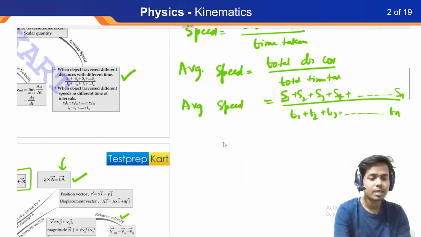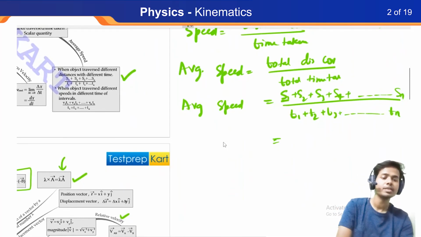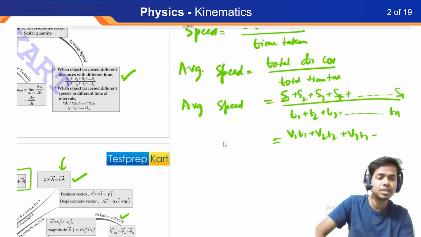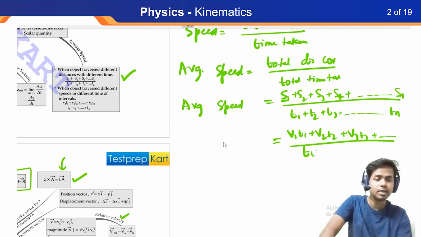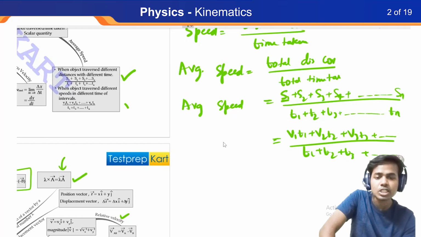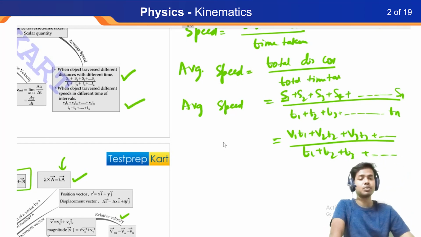In the same fashion, can I replace s1, s2, s3 in the same way? So that will be v1 t1 plus v2 t2 plus v3 t3 and so on, divided by t1 plus t2 plus t3, because I have not changed the denominator, which is actually the same as this equation.